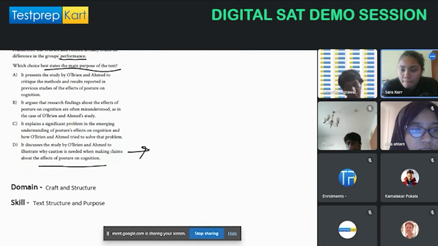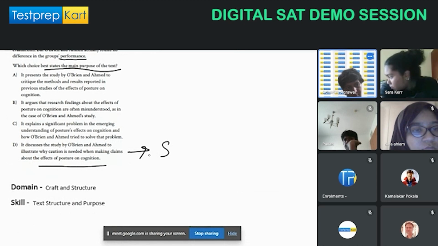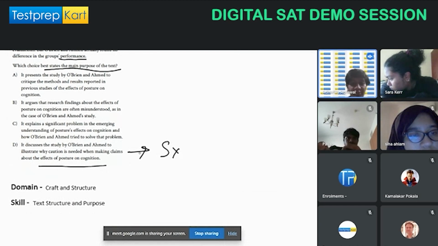Okay. What about others? Is there anyone who wants to go with this? I said I'm not going with this one. I'm asking others, anyone else who wants to go with this, or anyone else who doesn't want to go with this?